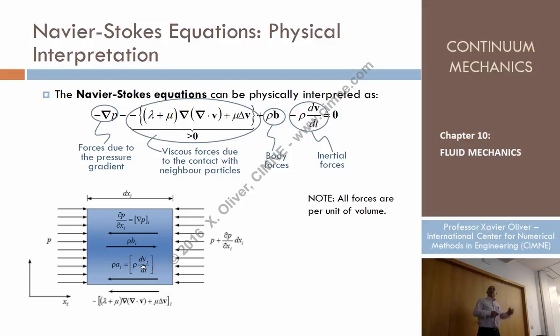So the particle that tends to move in that direction is restrained by the action of the friction with the other particles, which turns out into this viscous force. That term here is nothing else than the friction forces made by the neighboring particles due to viscosity.